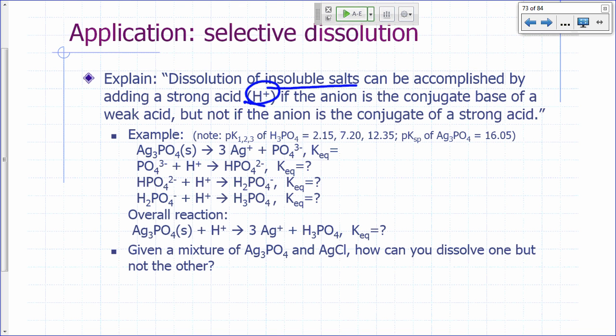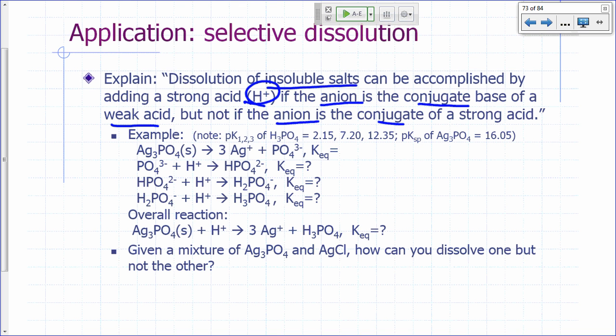The explanation has to do with the anion of your salt: if it is a conjugate base of a weak acid, then it will have a greater tendency to dissolve. But if the anion is a conjugate base of a strong acid, adding an acid will not help in the dissolution of your salt.